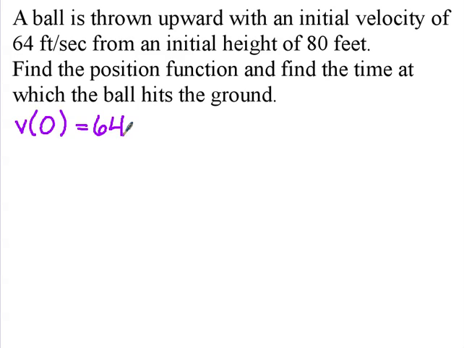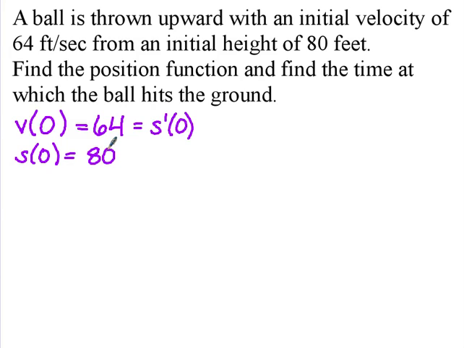I also know that that has to equal my first derivative at 0 because of how the position and velocity are related. I also know that s of 0 is 80. So those are like that particular solution problem. I've got some particular solutions there.